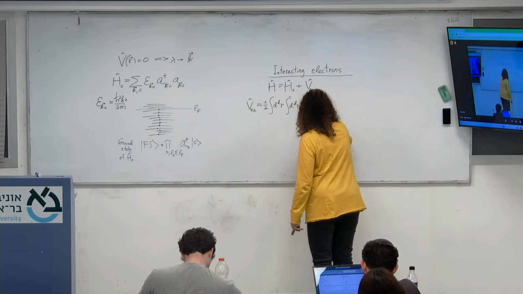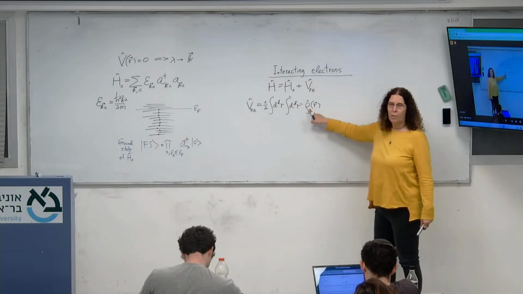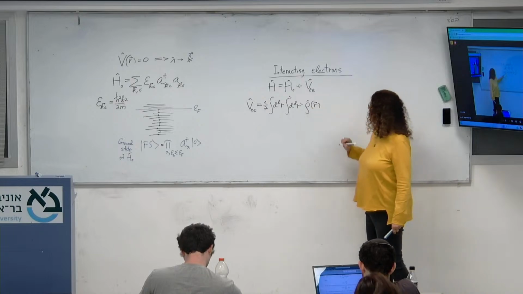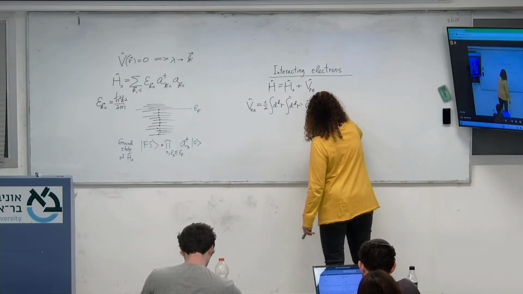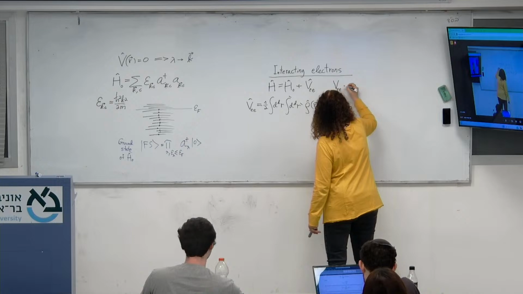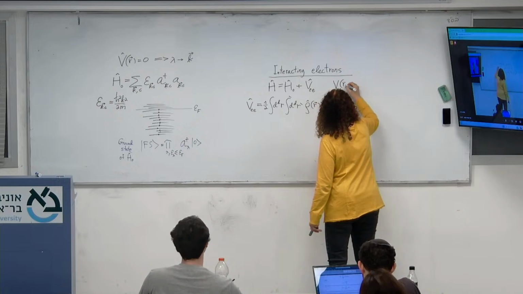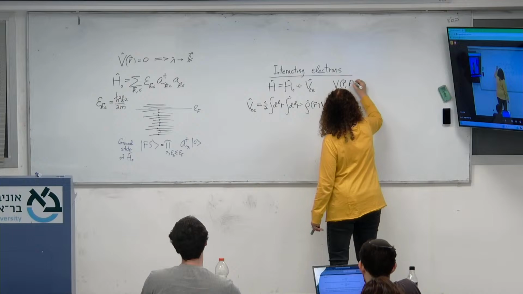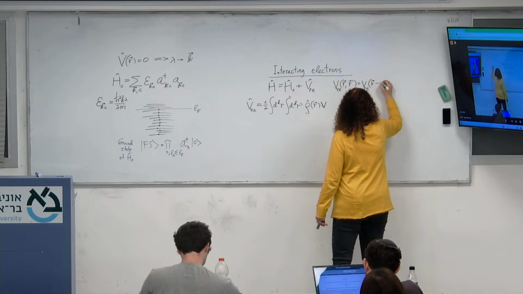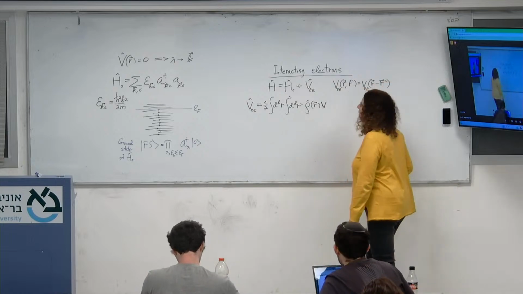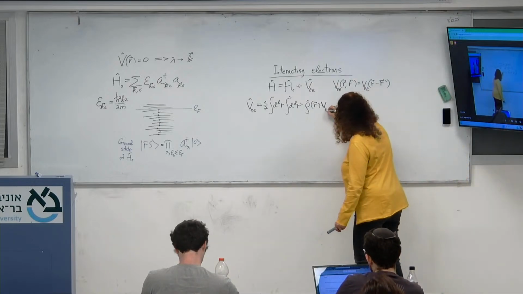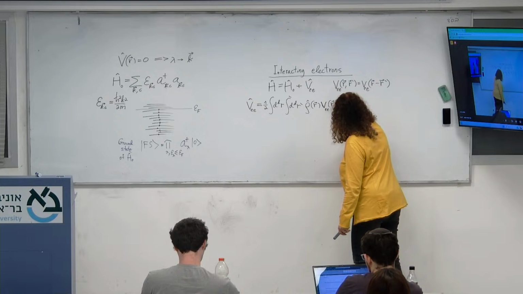Of course, I can write these density operators in terms of the fields, but at the moment I avoid it. You'll see in a minute why. And then I have an interaction, and the interaction potential is a function of the difference. It depends only on the difference of R and R prime. So let me write it like this.